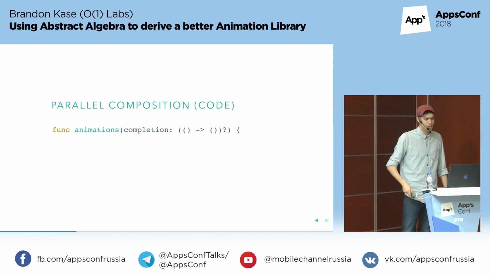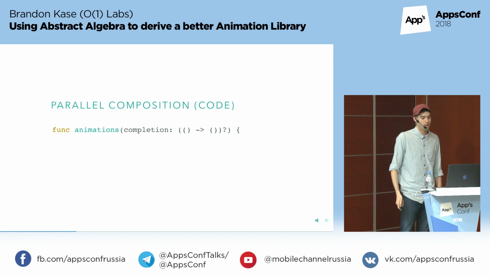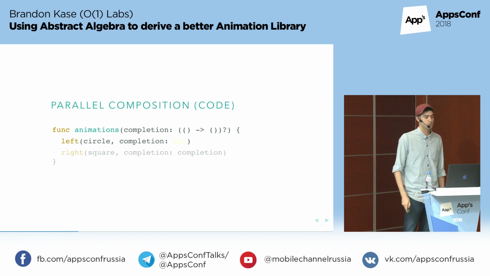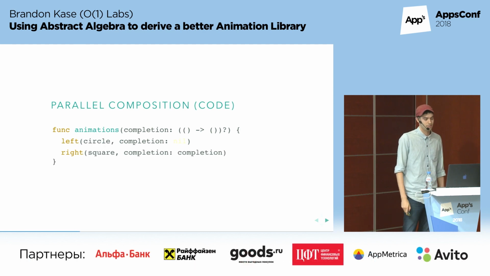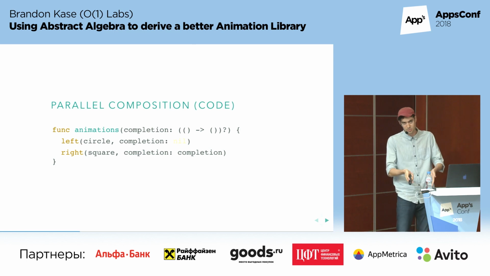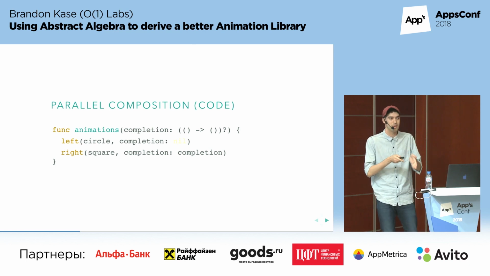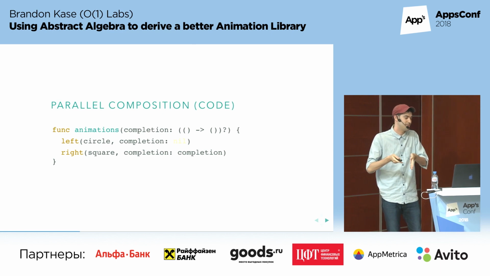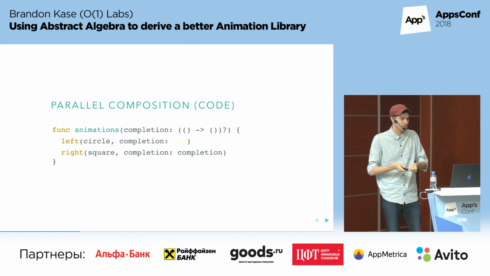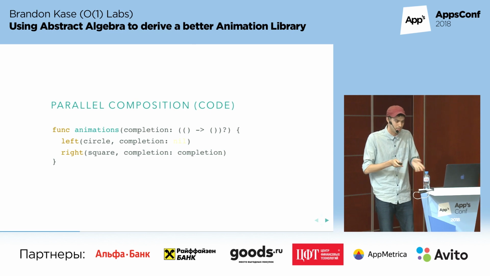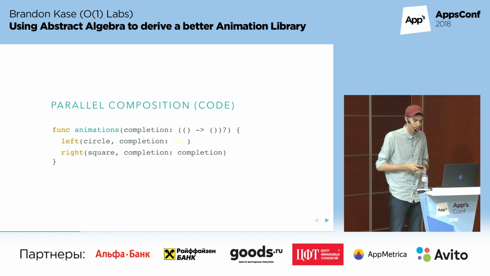So what we can do is make a function again, and then just call the animations on the 2 views, and then we pass a completion handler through, and we need to make sure to feed it to the one that finishes last, and so we sort of break this black box. In this case, the animations are the same, run at the same time, so it's fine.